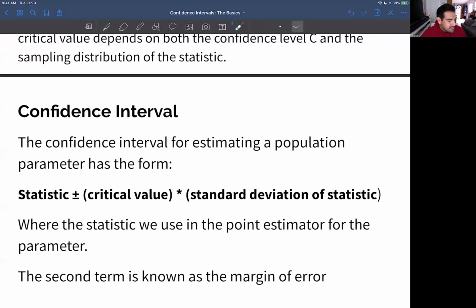The confidence interval for estimating a population parameter has the form statistic, the point estimator, plus the critical value times the standard deviation of the statistic. The statistic we use is what we collect from our sample. The second term, all of this together, like we talked about before, is the margin of error.